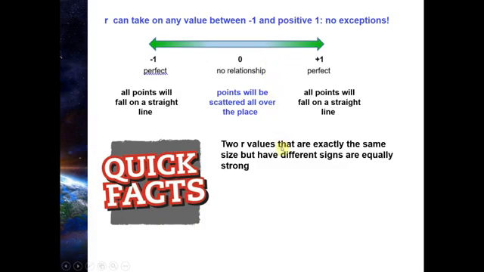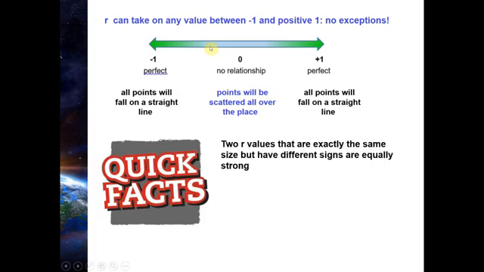They are describing a relationship that is equally strong. The relationship between two variables that have a correlation of 0.25 is the same in terms of its strength. It's just as strong as a correlation between two variables of -0.25.